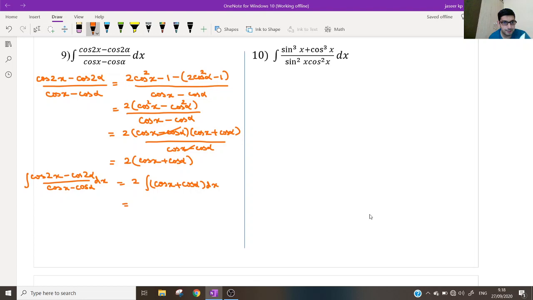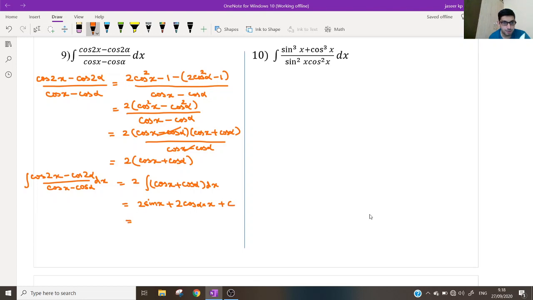So now here, 2 into integral of cos x, and the integral of cos x is sin x. Then 2 into cos alpha is independent of x, so the integral will be 2 cos alpha, which comes outside, times 1 dx, and the integral of 1 dx becomes x plus c.